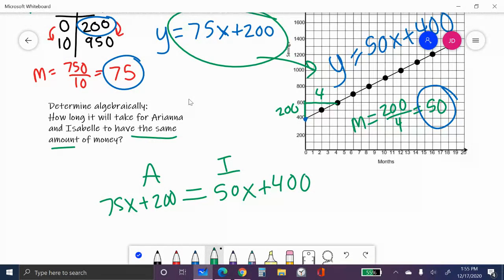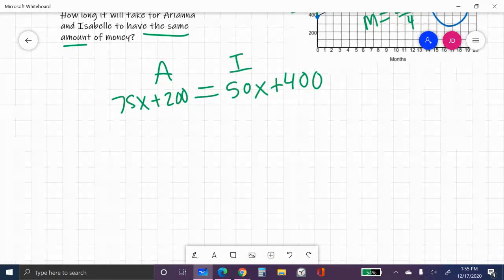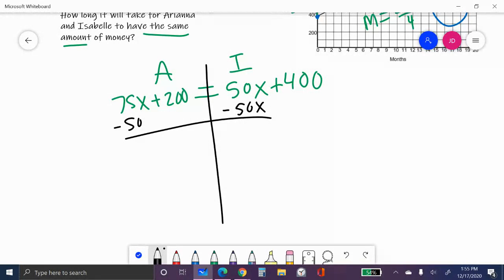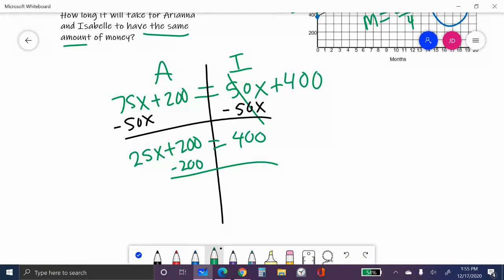Okay, let's solve this equation. Let me get more room here. It's a little crooked. It's all right. So we minus 50x from both sides. And we're left with 25x plus 200 equals, these cancel, 400. Minus 200 from both sides.